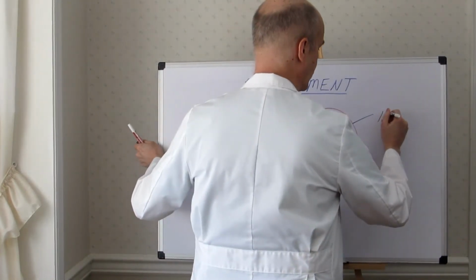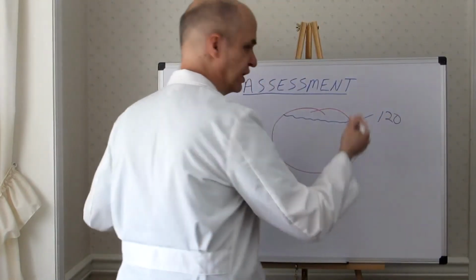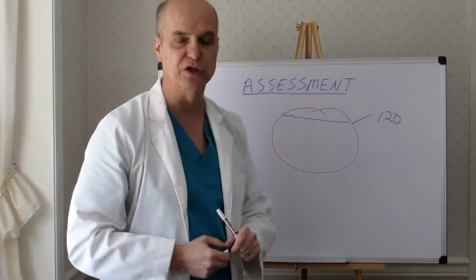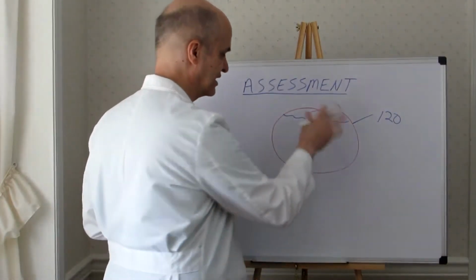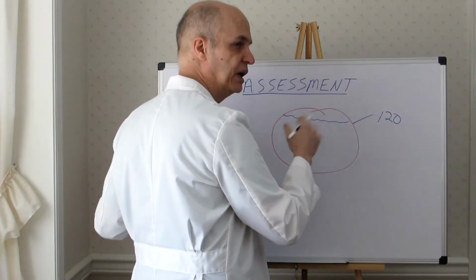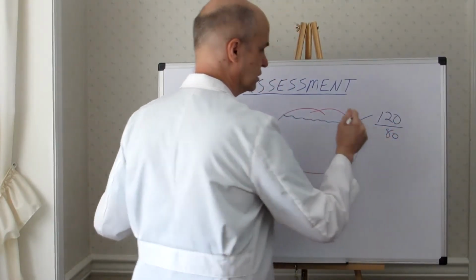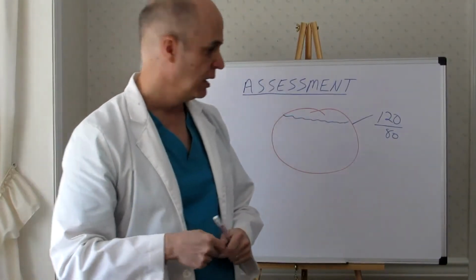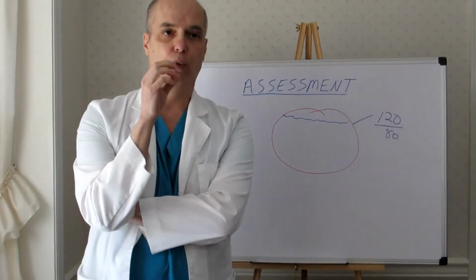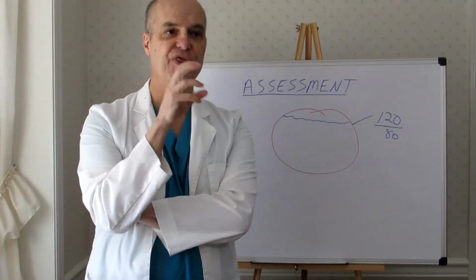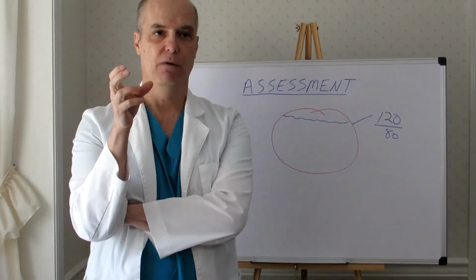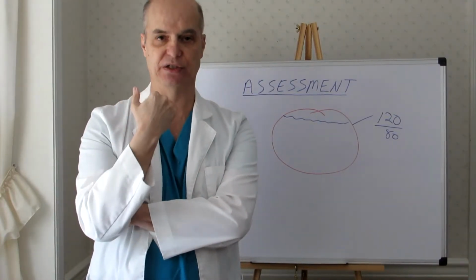Let's say it's going to be 120. Okay, so that's good. That's a good pressure, right? And we'll say that because I don't have any vascular disease, we'll just go ahead and pretend that it's 120 over 80. Okay, so with our vascular space, things can change that we have to be cognizant of.